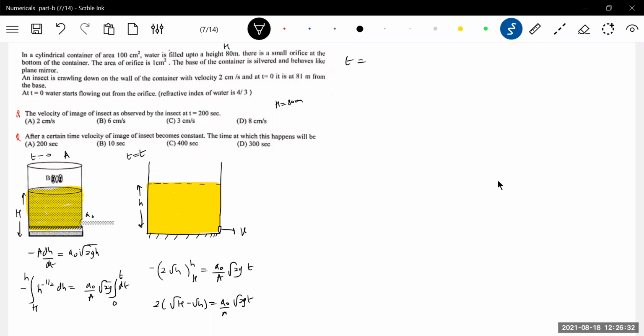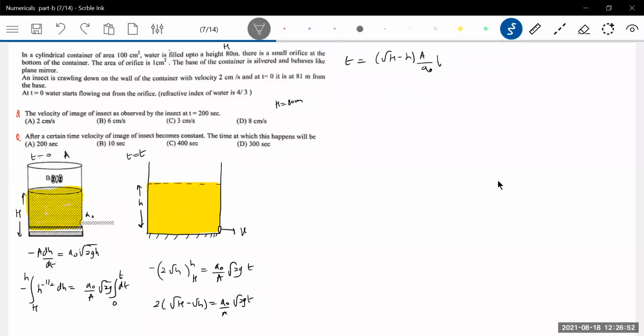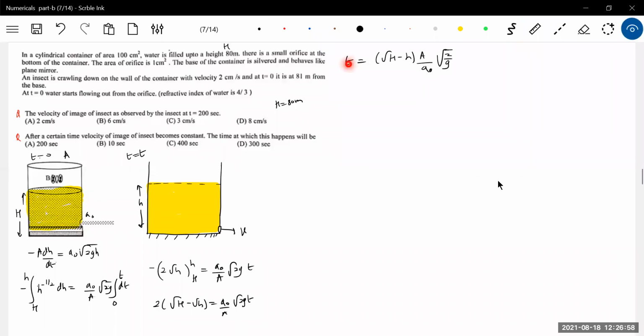Or the expression for t will be A by a naught, where a naught is the area of cross section of the hole, times root 2g. Okay, now you got the time. Substitute that here, and you'll get the level of the liquid.